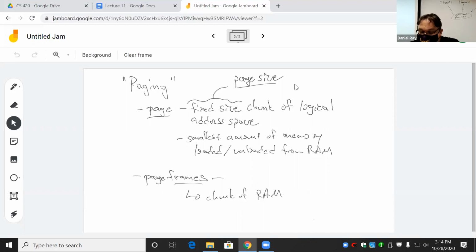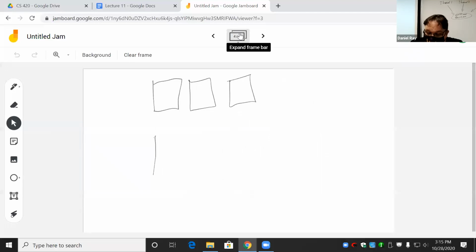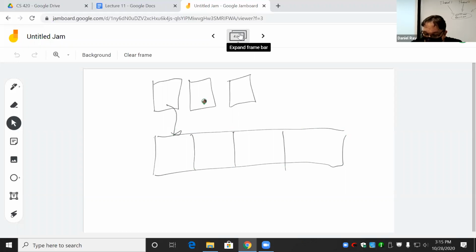What does this do for us? If all of the frames are the same size and they're competing for space in RAM, this one can go here, this one can go here, this one can go here.